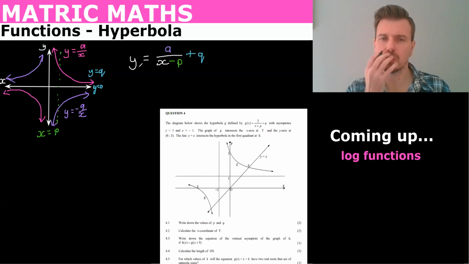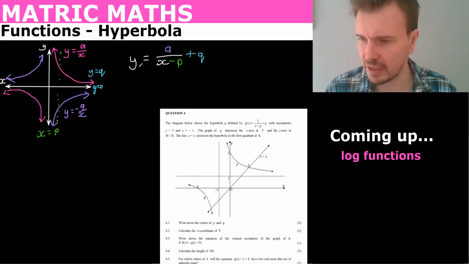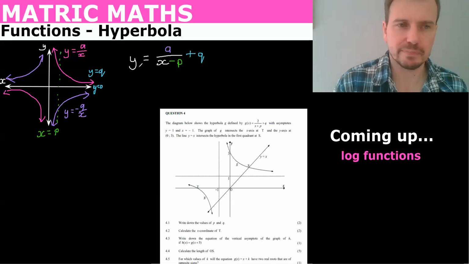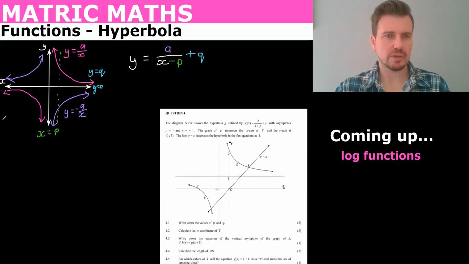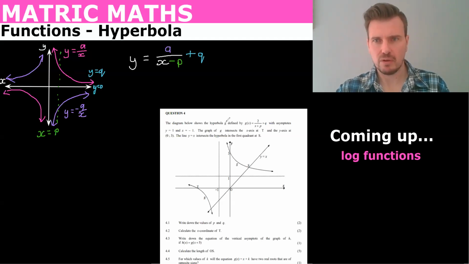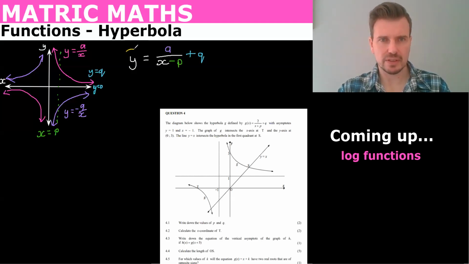Now, what I want to do, even though there's not a question in this paper on the what we call the axis of symmetry, this is important. And so when you want to find your axis of symmetry, all you do, and I'm going to do another video on this, is you kind of think of it as this thing here.